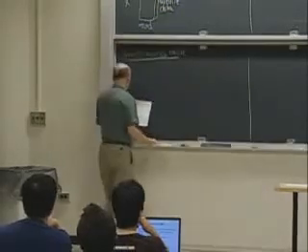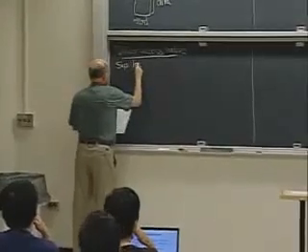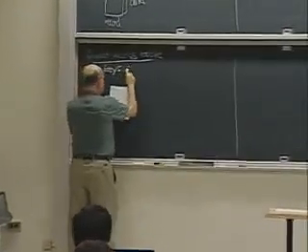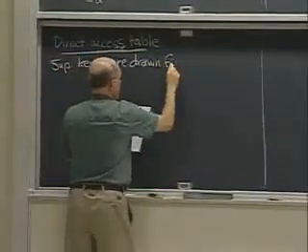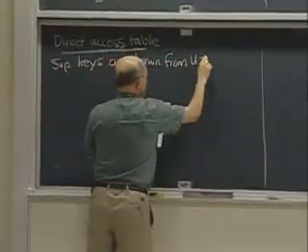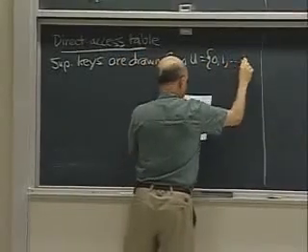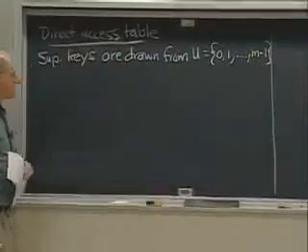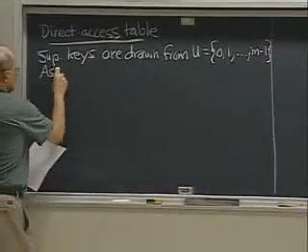It works when the keys are drawn from a small distribution. So suppose the keys are drawn from a set U of m elements, 0 to m minus 1. And we're going to assume the keys are distinct.